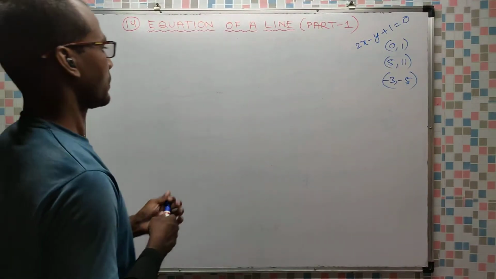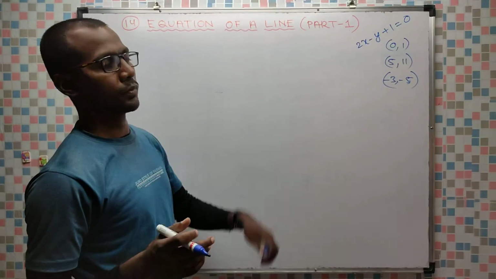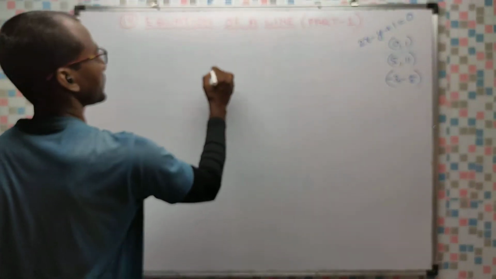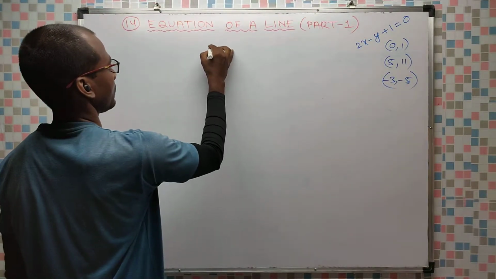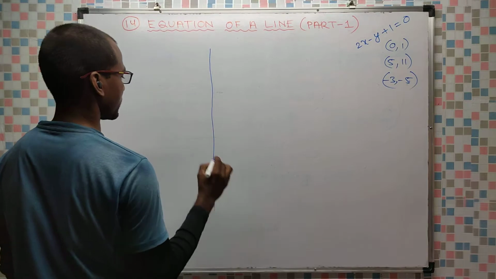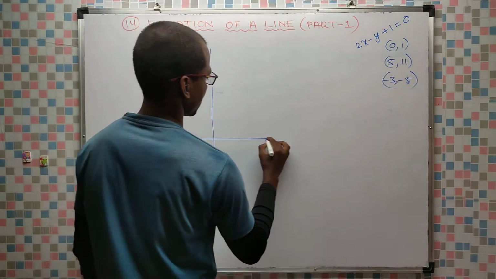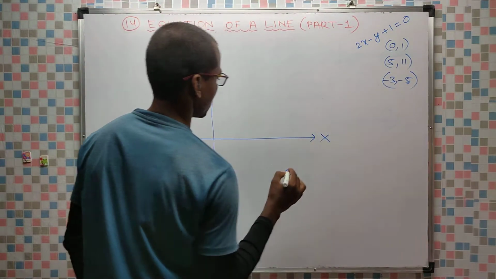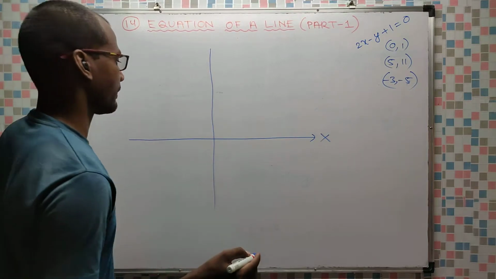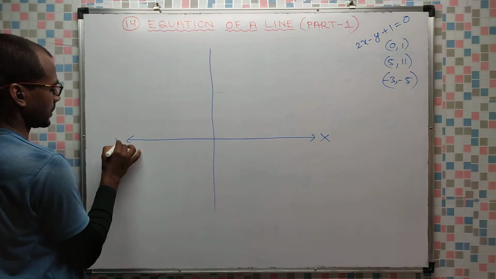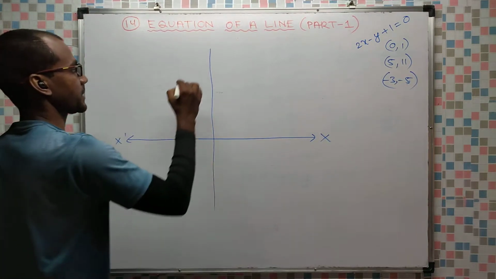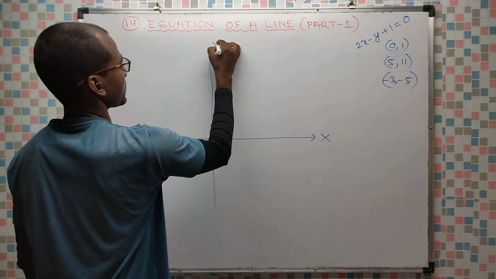Now let us try to plot these points on a graph paper and see what we are getting. Suppose this is the y axis, this is the x axis. This you already know from the chapter on reflection. This is the x axis, this is the y axis.